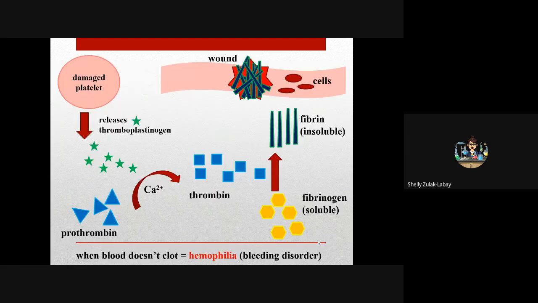And then our final image on the bottom connects to the one disease or disorder that affects platelets we wanted you to be aware of. When blood does not clot properly using this mechanism we see in this image, where a damaged platelet releases thromboplastinogen and causes this sequence of changes, prothrombin changing to thrombin, and then fibrinogen changing into fibrin.